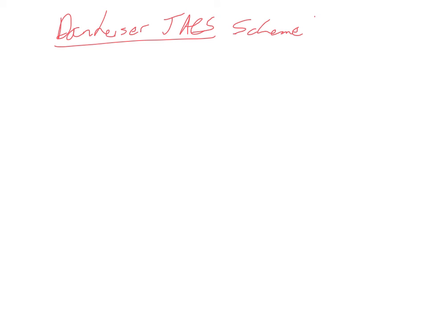This is from the Danheiser paper, Scheme 1, and it's showing pathway B. They both do it, so I just put pathway B. So this is the cyanoene.